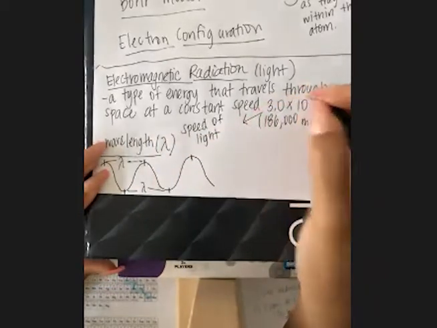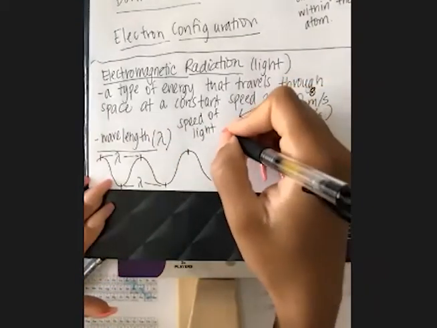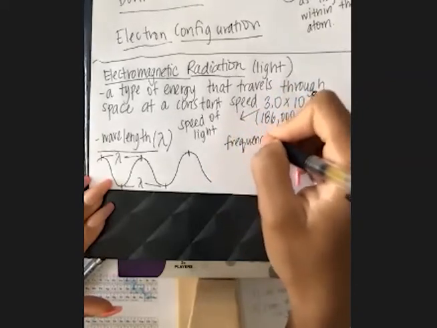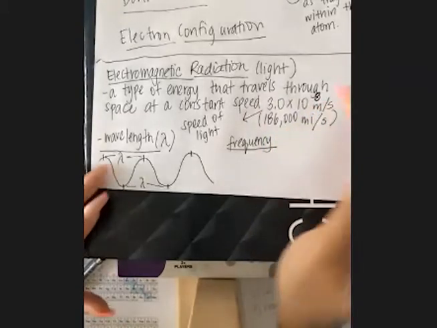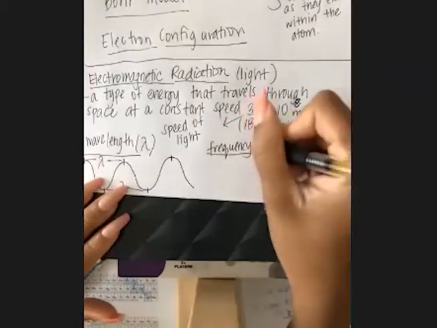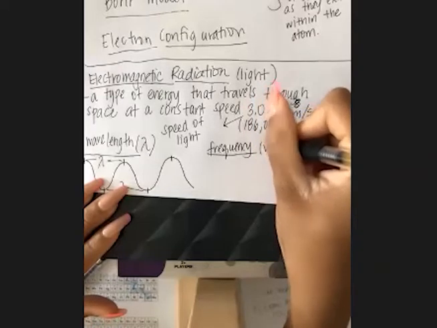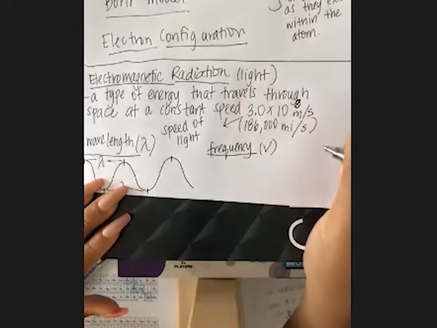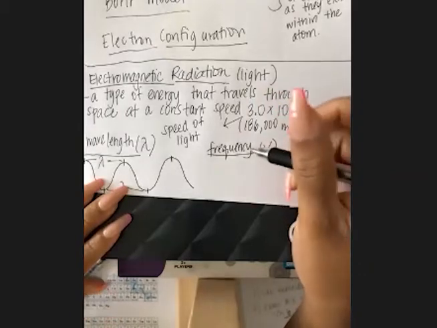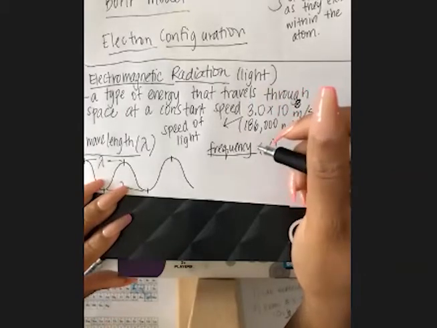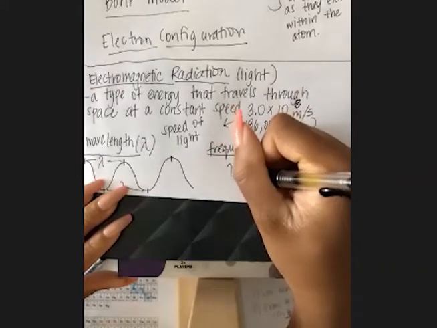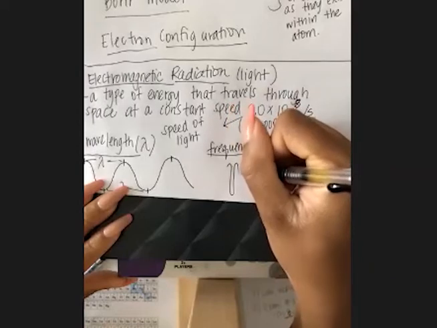On the other hand, we can also characterize light by its frequency. Frequency is characterized by the Greek letter nu, which looks like a V. It's the number of cycles or peaks that pass through a stationary point in 1 second. So let's say I have a wavelength that looks more like this.